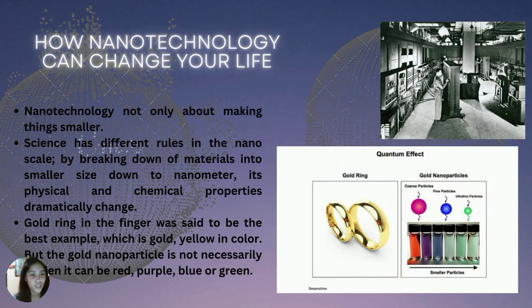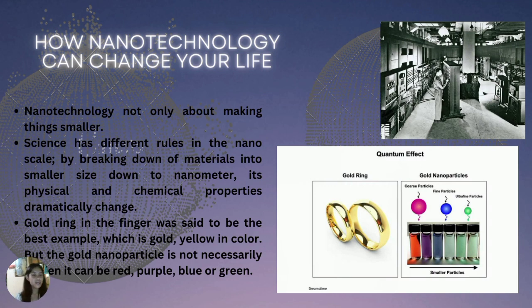So how can nanotechnology change our life? We can see here the first figure, the first computer. First bullet, nanotechnology is not only about making things smaller. And the second bullet, science has different rules in the nanoscale.